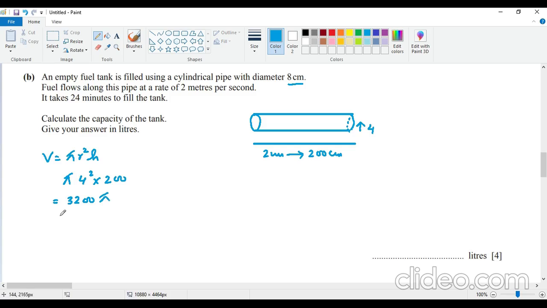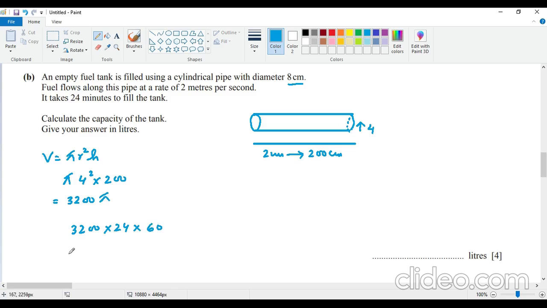Now we need to find out the fuel flow along this pipe at the rate of 2 meters per second. It takes 24 minutes to fill. So this value has to be multiplied by 24, right? So 3200 times 24. And what else do we need to multiply with? We need to multiply this with 24 minutes, so minutes are going to be converted into seconds. This is why it's going to be multiplied by 60.